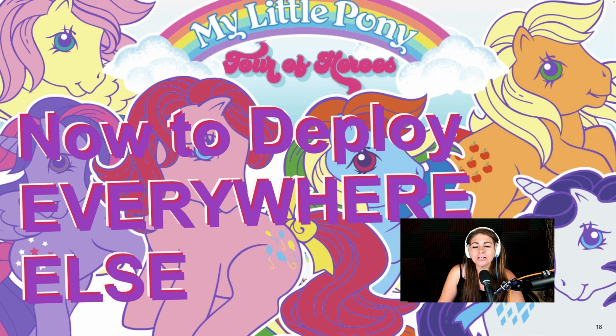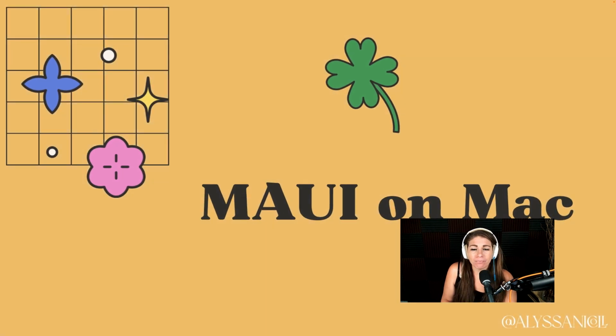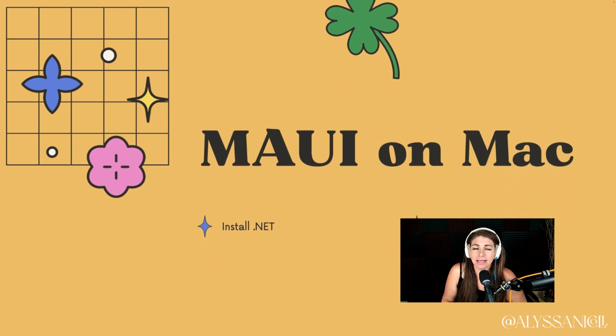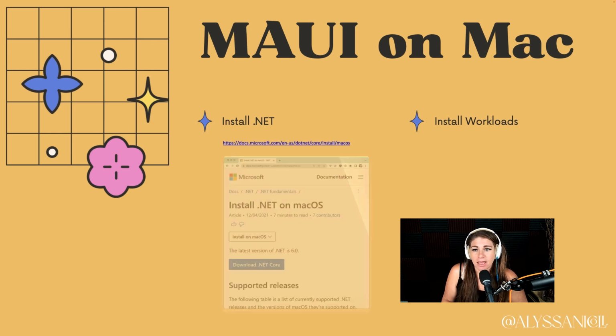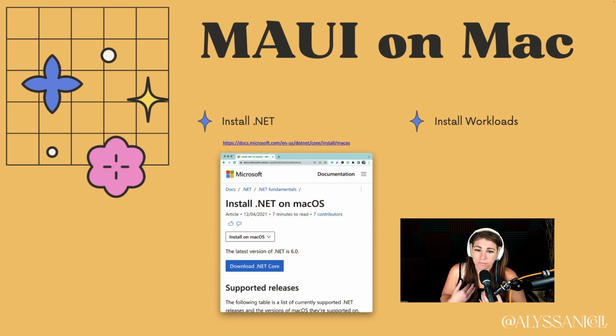But to deploy it everywhere else, so Maui on Mac is, as I mentioned earlier, a little bit more complicated. So I wanted to walk through a couple of the steps. The first is to install .NET, and the second is to install the workloads. For .NET, you simply go to the website docs.microsoft.com and choose, of course for us I did Mac OS, where you're downloading it to, and download .NET Core.